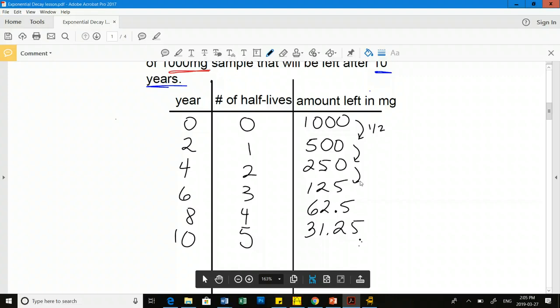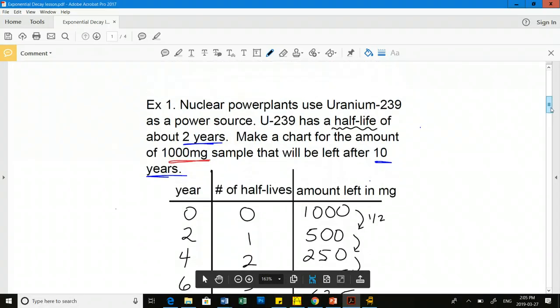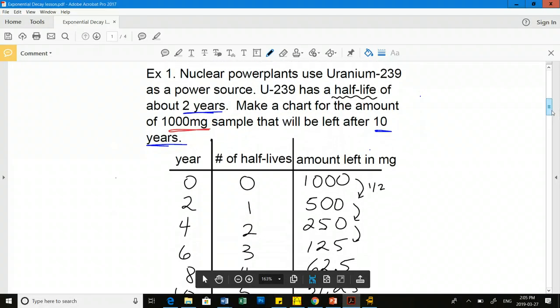Lovely, so this is kind of the idea. We went from 1,000 milligrams, and then in 10 years, we're now at 31. So the half-life is pretty long for this, actually. 2 years is a long time for something to be halved. That's why, when there's a nuclear power plant explosion or something like that, it takes quite a while for those areas to return back to normal.